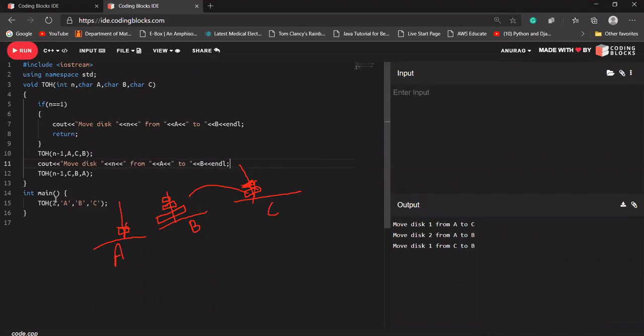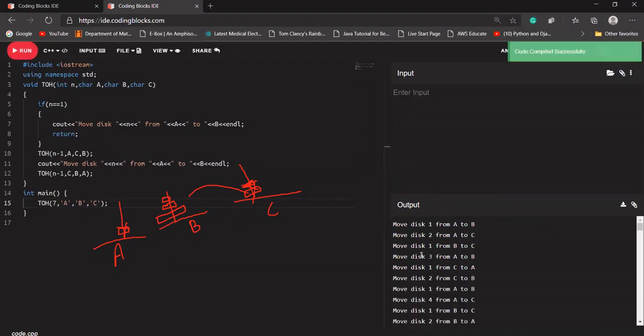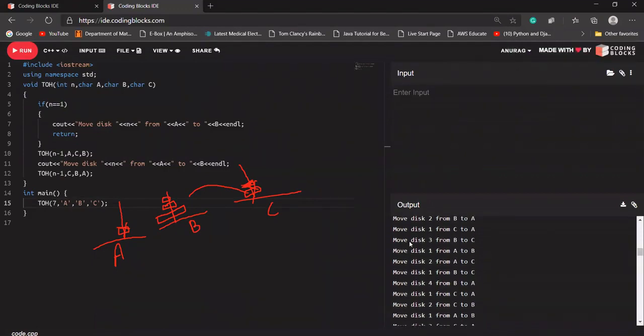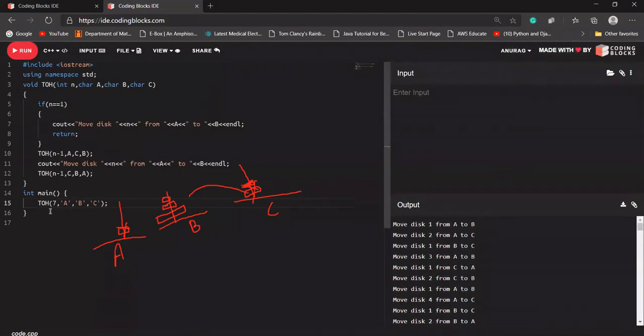Let's quickly check it for 4 and 5. Let's see if I write 5 and 7. Okay, we cannot verify it this way. If you want, you can, because this is the most simple code, but you have to understand why each and every statement is being written here.